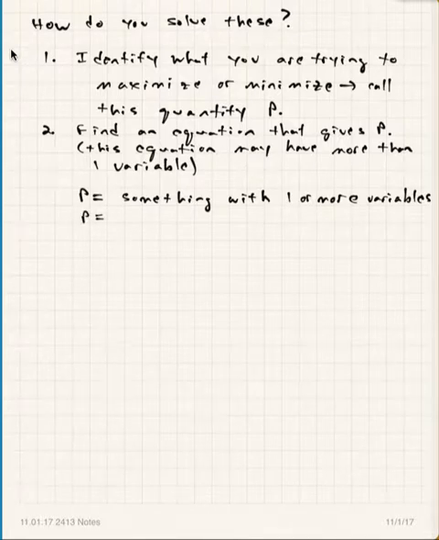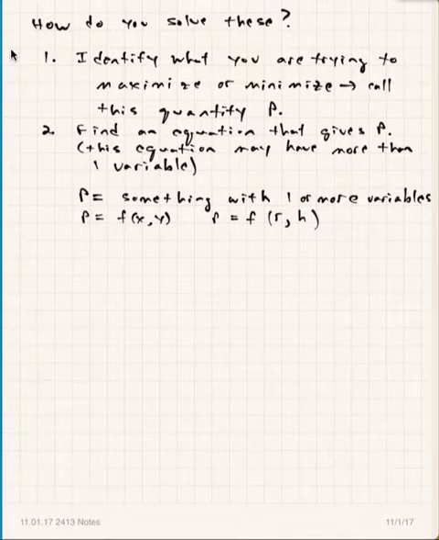So P might be a function of X and Y, depending on what X and Y are. Or P might be a function of R and H, where R is radius and H is height for some object, etc. Where P is equal to something that has one or more variables.